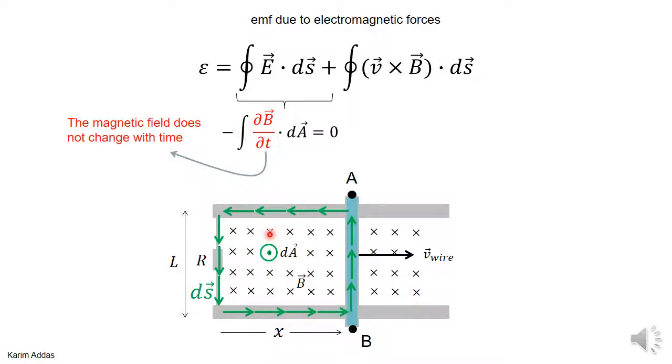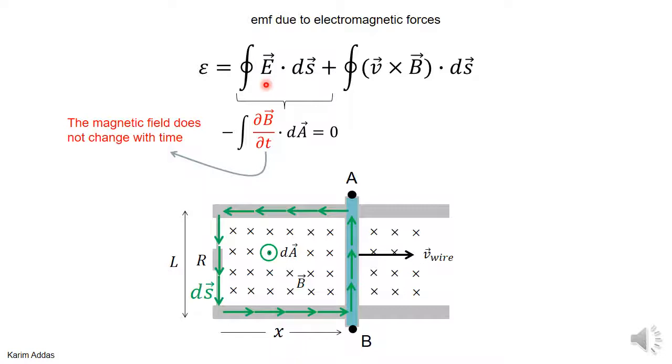In this particular problem, the magnetic field B is constant, not changing with time, so partial B by partial t is 0. So the integral of E dot ds is 0. There's no non-conservative electric field being created around the loop that's making the charges flow in the circuit.